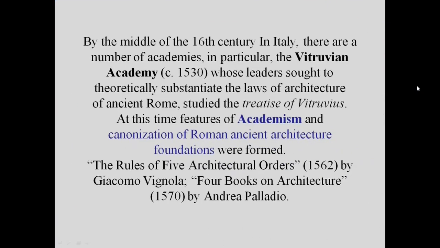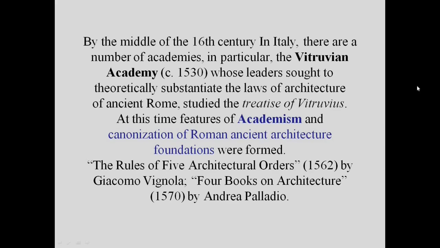By the middle of the 16th century in Italy, there are a number of academies, in particular the Vitruvian Academy, circa 1530, whose leaders sought to theoretically substantiate the laws of architecture of ancient Rome and studied the treatise of Vitruvius.